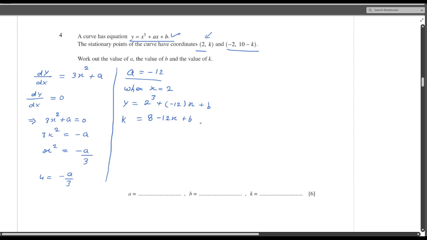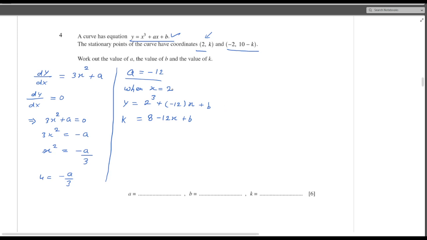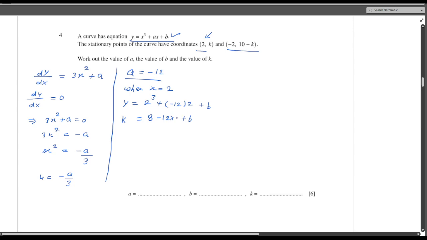Here I am making one mistake. What mistake am I doing? I am not replacing 2 over here. So here also I have to replace 2. Like this, the k value will be equal to 8 minus 24 plus b. So it is minus 16 plus b. So the value of k is minus 16 plus b.